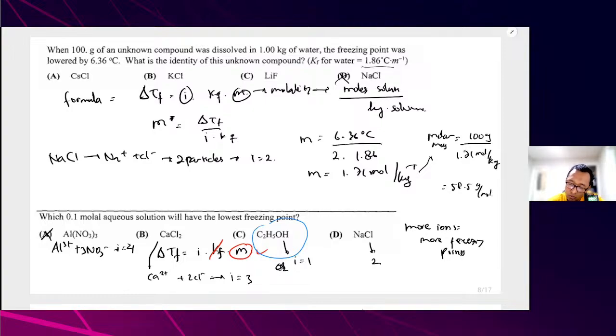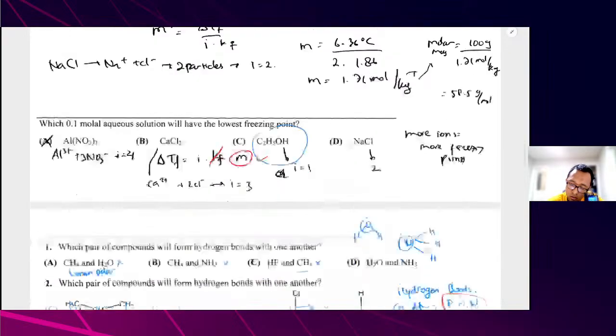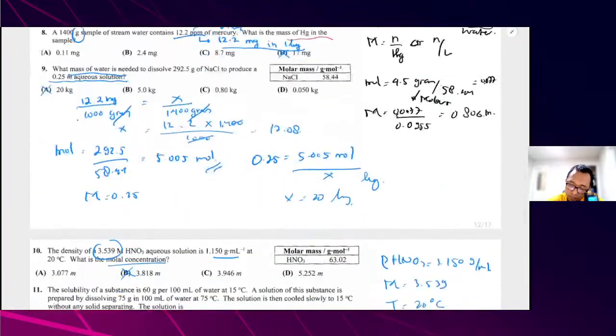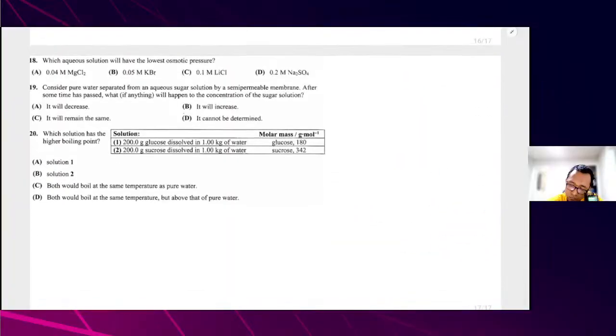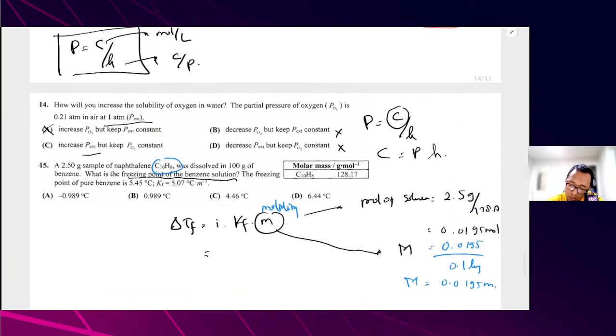Because this one is a non-electrolyte, it will be only 1. So 1 times Kf, which is 5.07 degrees Celsius m minus 1, and the molality is 0.0195 m.